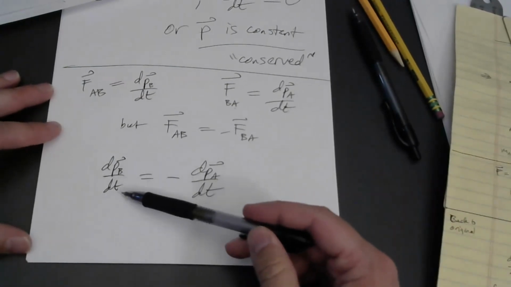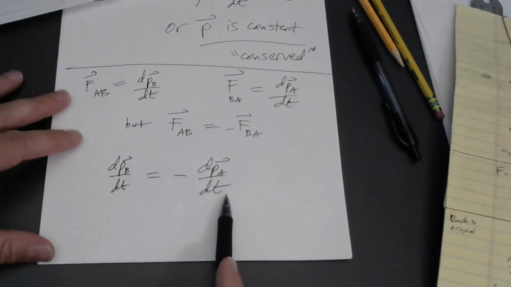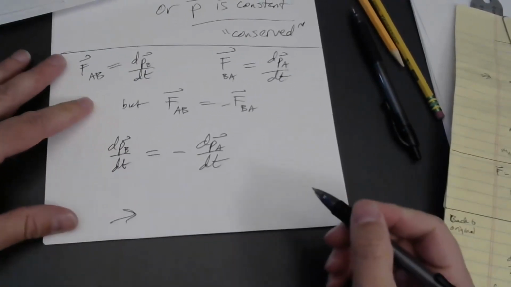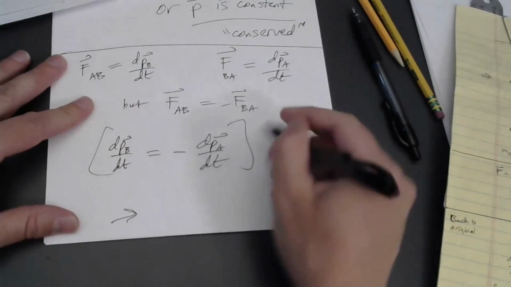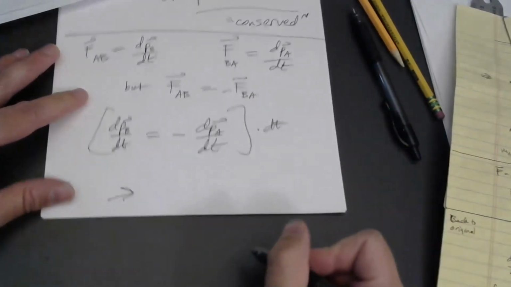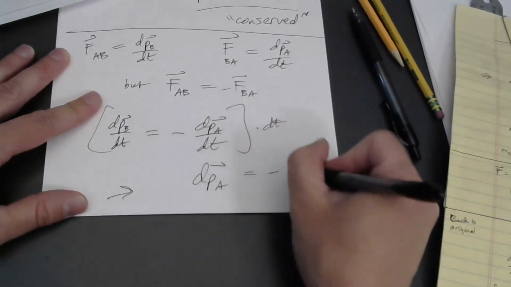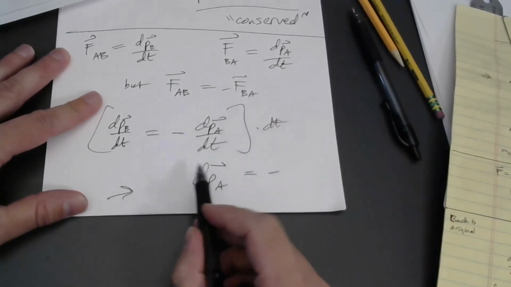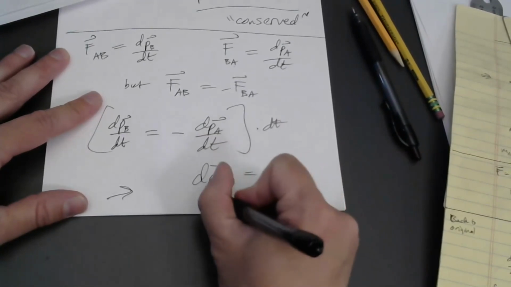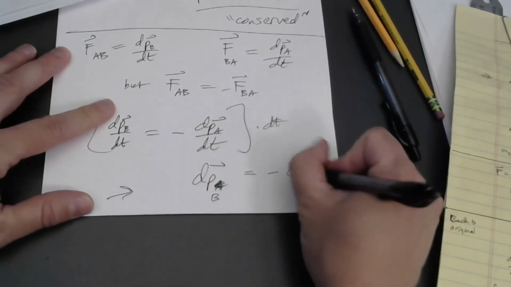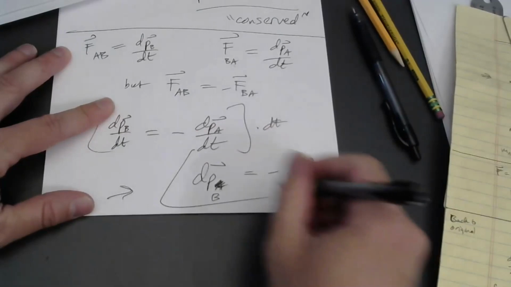We've got a numerator and a denominator. Since they both have a dt, let's just multiply on both sides by dt. And then we're left with dp sub B is the negative of dp sub A.